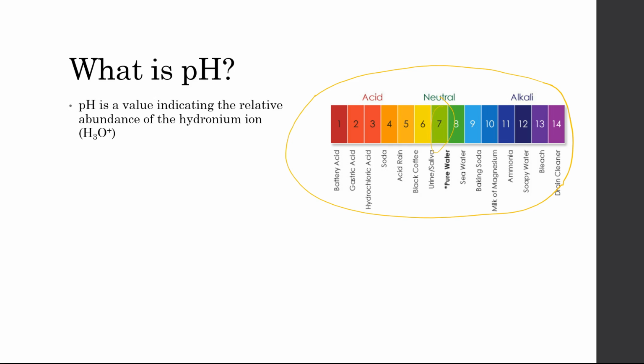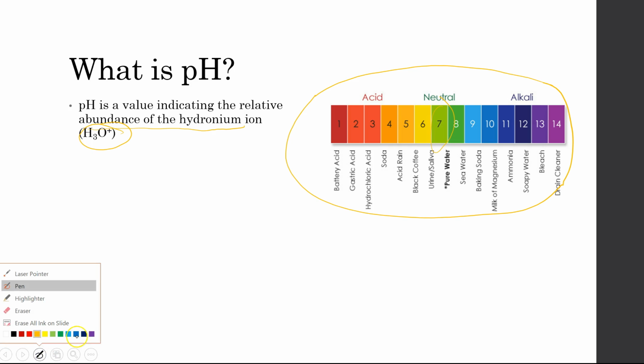But where we're going to refine this definition is we're going to describe it as a value indicating the abundance of the hydronium ion, right? So if you recall, when we define our acids, in every definition, an acid is something that donates a proton or a hydrogen ion, right? And we also have said that it's not really an acid until it's dissociated into water.